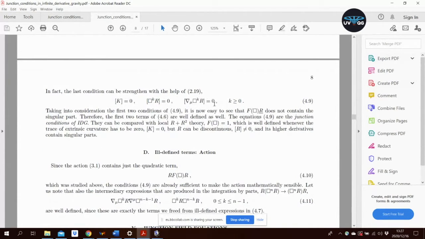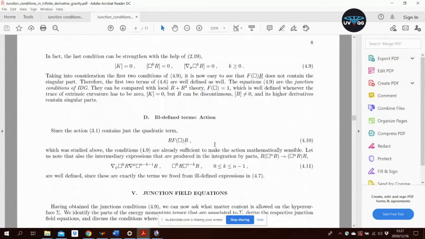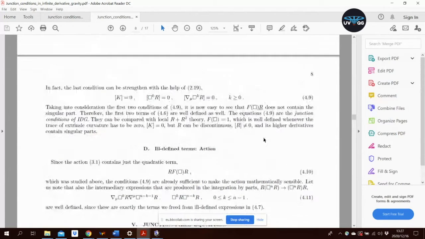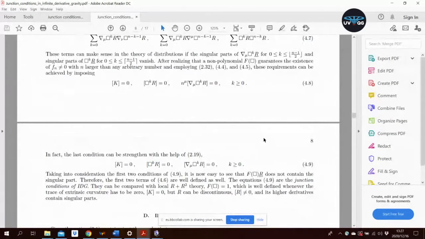And in fact, those are all the conditions that you need, because now the action is well defined if you impose these conditions.